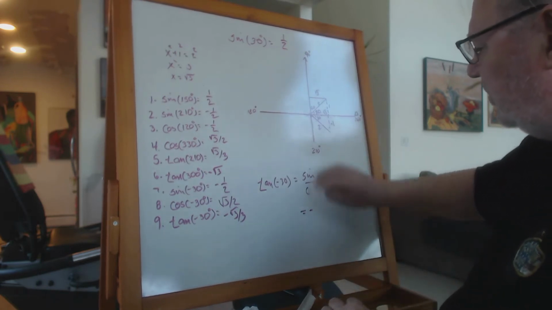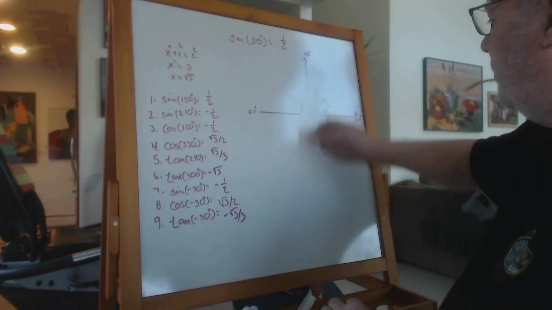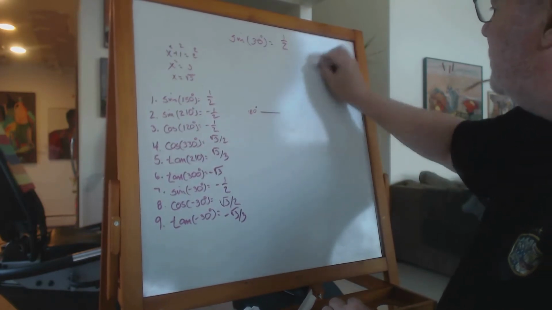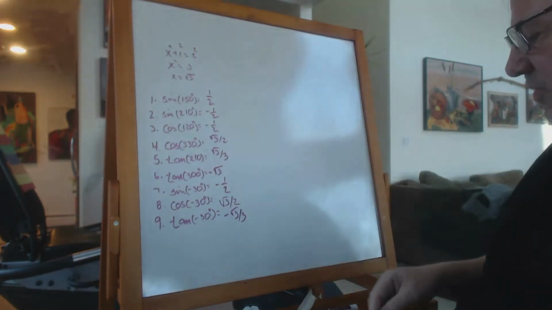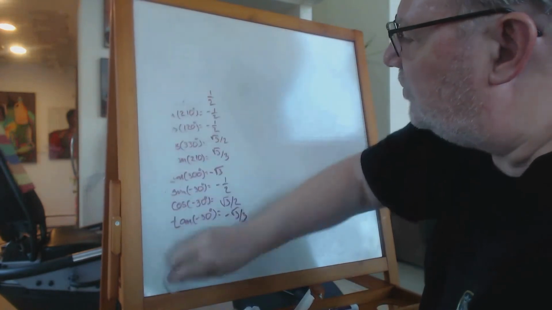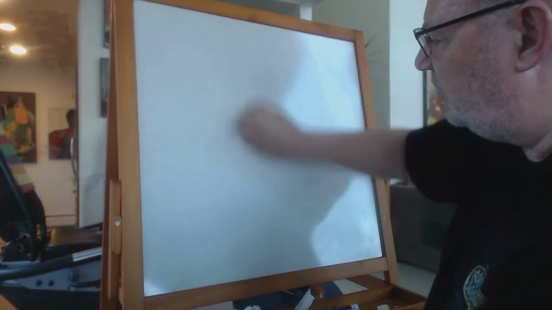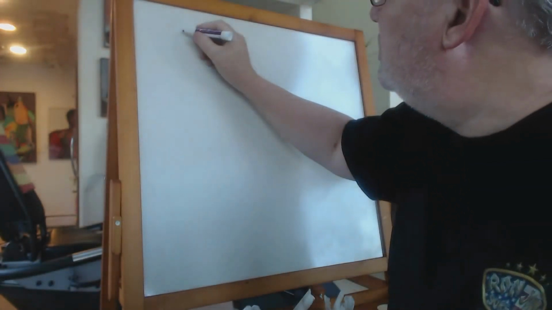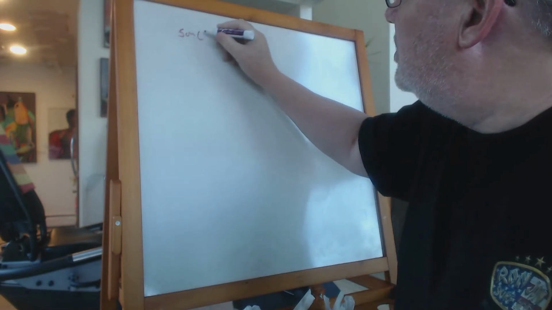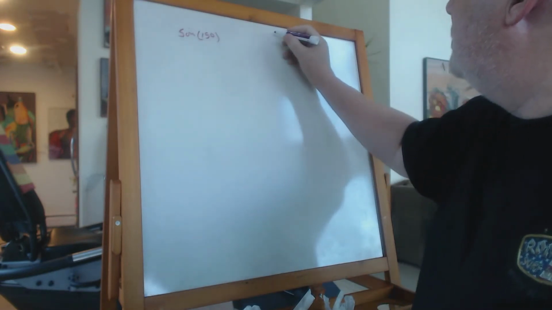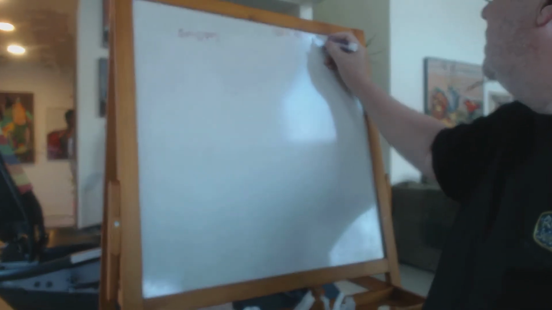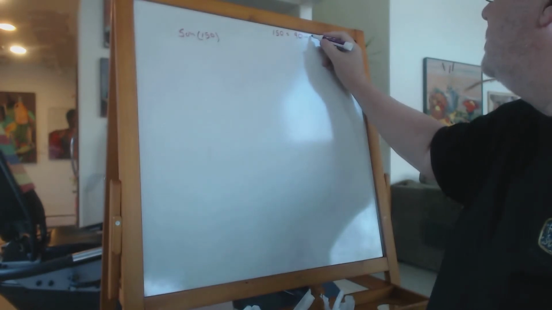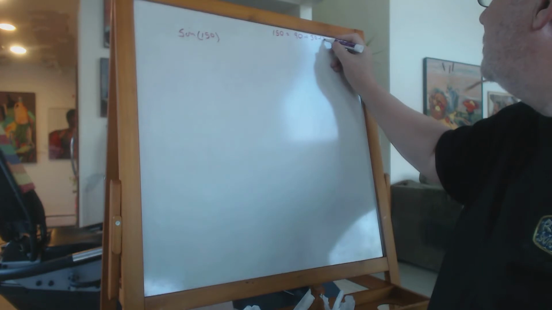Again, it's sometimes easier to use the double angle formula, and sometimes it isn't. So like in the case of, let's say, sine of 150. Let's take a look at the sine of 150 using the double angle formula. So the sine of 150, where 150 is equal to 90 plus 30 plus 30.